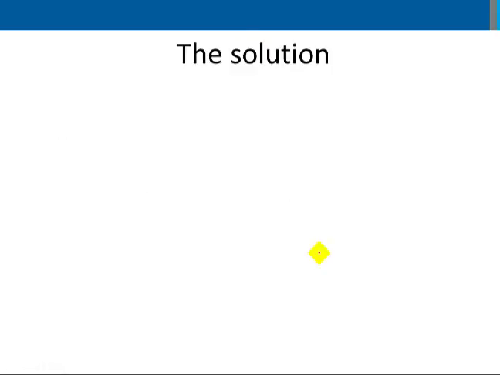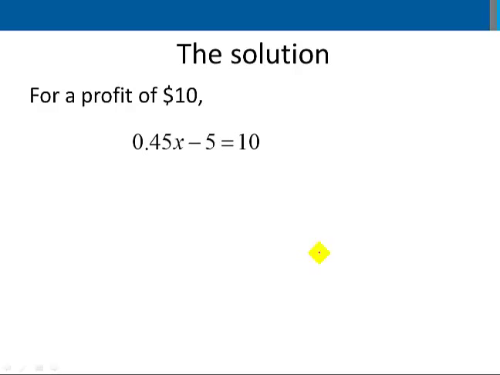The solution. Okay, so think of the original problem. What were we trying to find? We were trying to find how many cups of lemonade they needed to sell for a profit of $10. Okay, so if we set their profit equal to $10 and simplify, we have 0.45x minus 5 equals 10. This simplifies by adding 5 to each side to 0.45x equals 15.